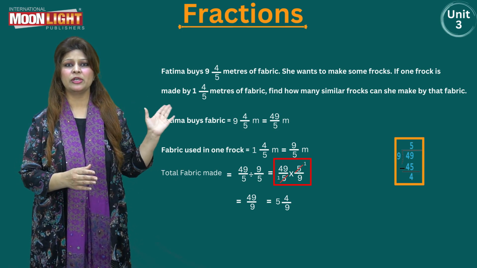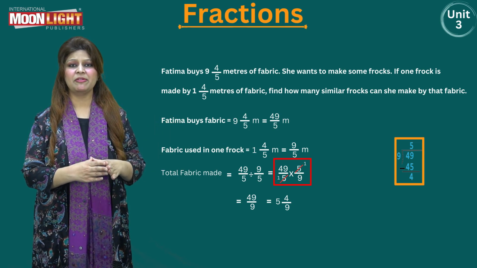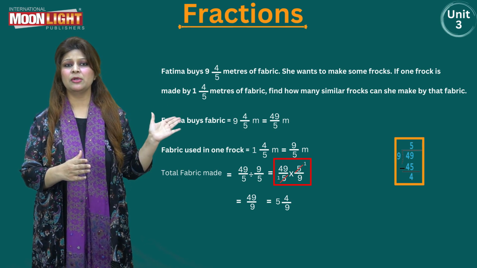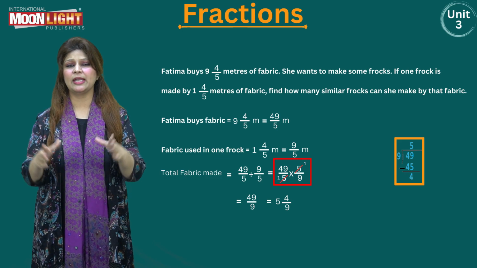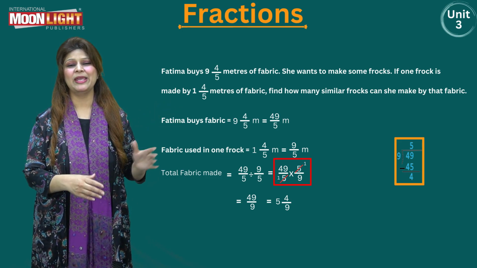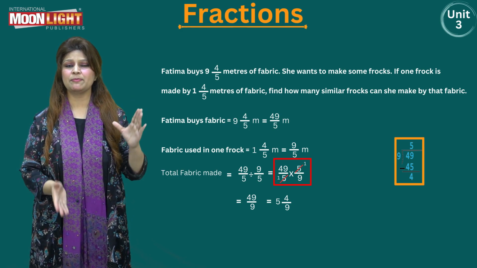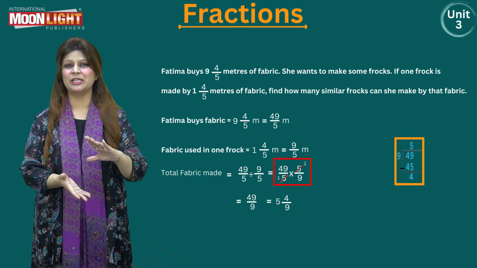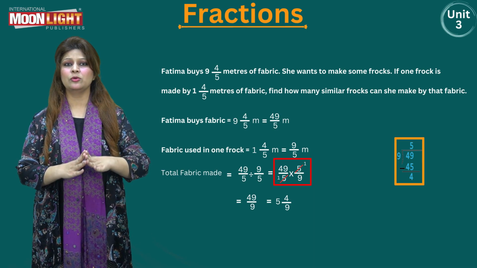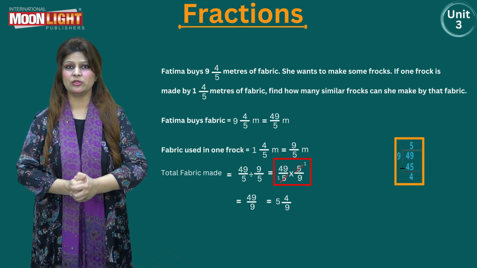So 49 by 5 I will write as it is, and then I'm going to change the division symbol into a multiplication symbol, and in the same step I'm going to write 9 by 5 as 5 by 9. Changing the reciprocal means changing the numerator into the denominator and the denominator into the numerator. Now I'm going to do cancellation, the same as we did in the multiplication questions.